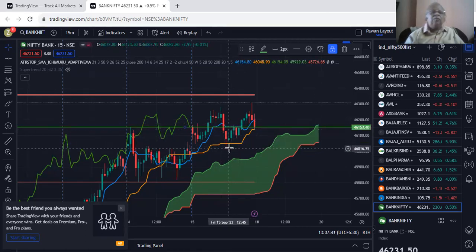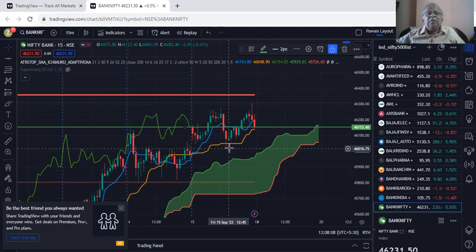Because you know that from Kijun-sen, the index will get support and bounce back, because it is in the bullish zone. We have utilized the contra entry, the effect of contra entry. Opposite side trade has been taken. And how has it been taken?